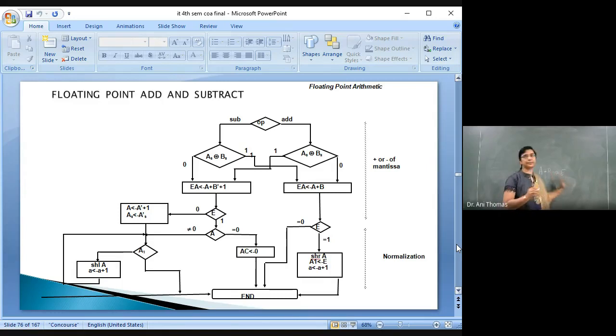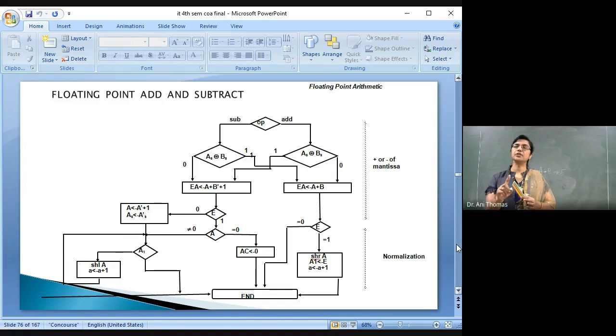So that is what we do in the case of subtraction. If E is equal to 1, you see in the algorithm, after subtraction, A is A plus B bar plus 1, and we store the result in A. If E is equal to 0, we take the 2's complement, A bar plus 1 is stored in A, and we negate the sign of A, the result.